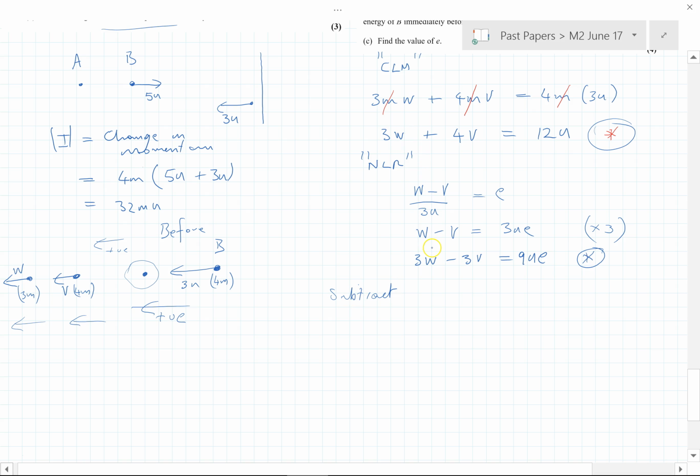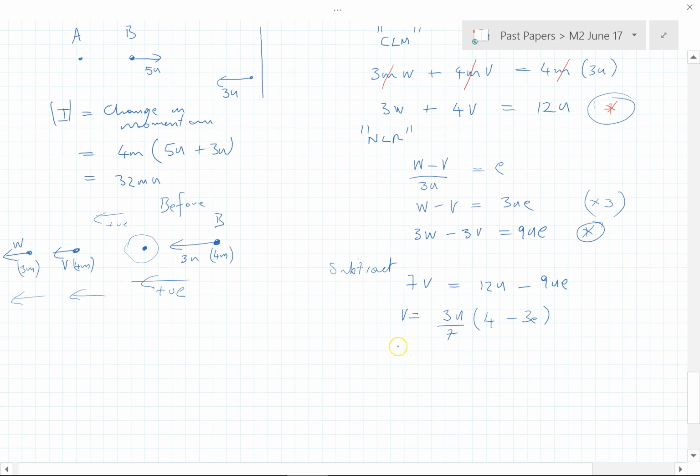So 3w take away 3w is 0, 4v take away negative 3v is 7v, is equal to 12u minus 9ue. So tidying that up a bit, v is equal to, I might as well take 3 and u out as a factor, over 7, and then that's 4 take away 3e.